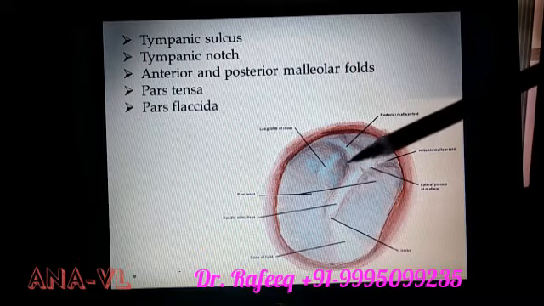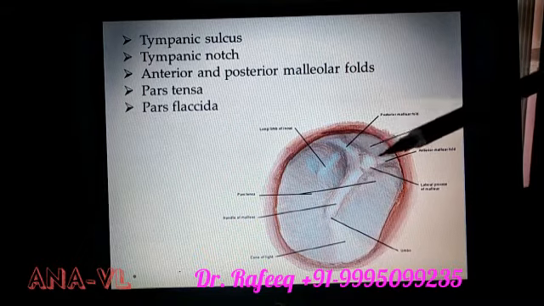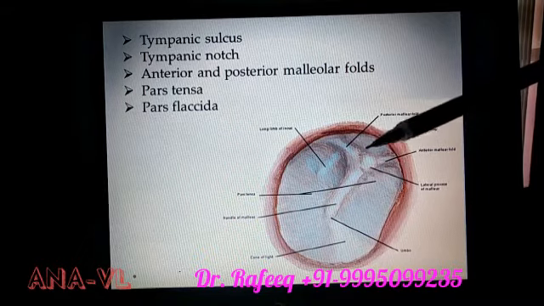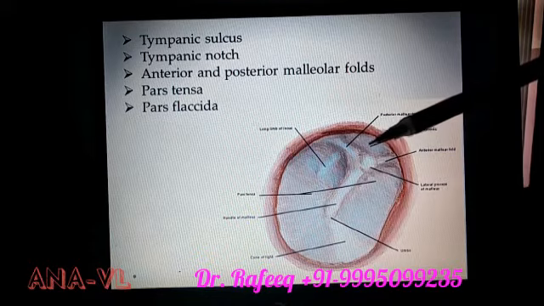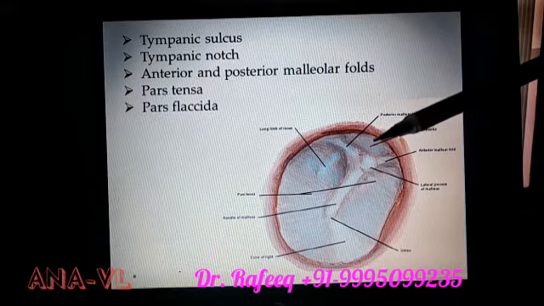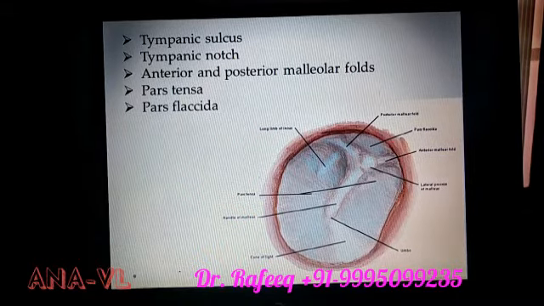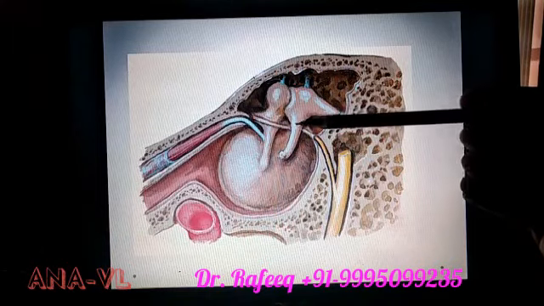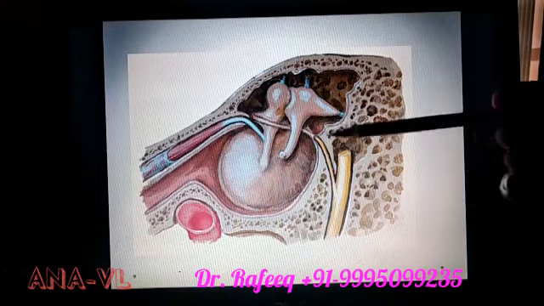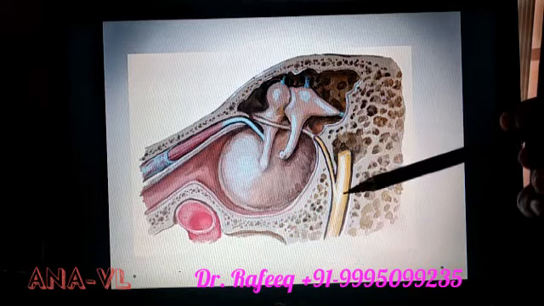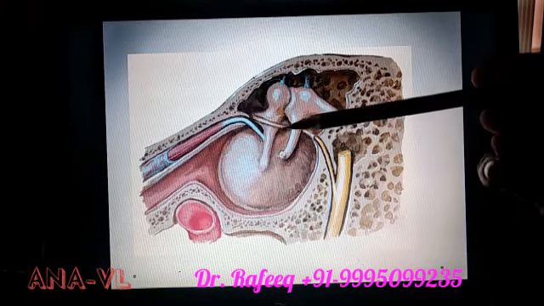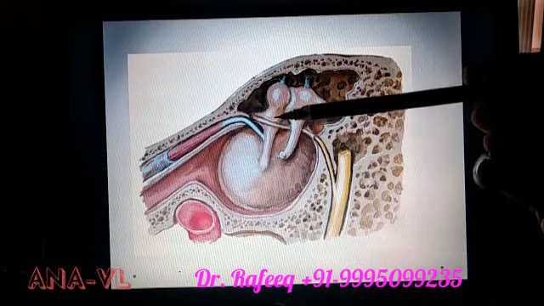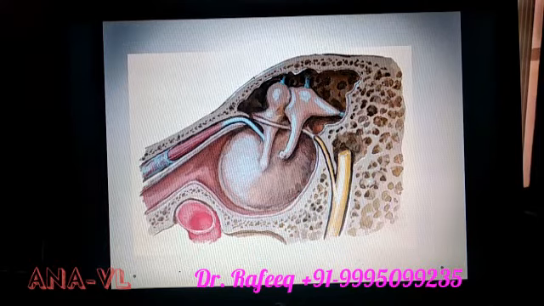And the part of the tympanic membrane between these two malleolar folds is comparatively very thin and loose in appearance. That's why this particular part is called the pars flaccida. Remember, this pars flaccida part is related to a nerve called the chorda tympani nerve of the facial nerve. So this is the facial nerve. From the facial nerve we have the chorda tympani nerve that is related to the pars flaccida part of the tympanic membrane.